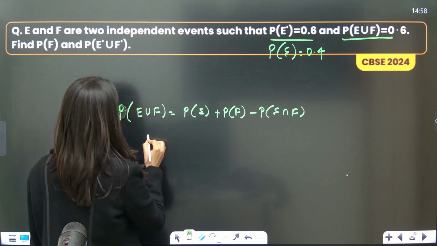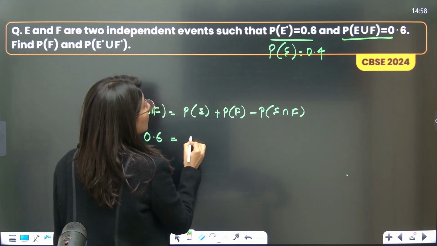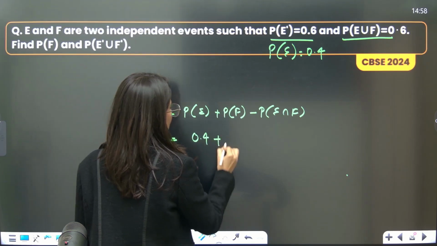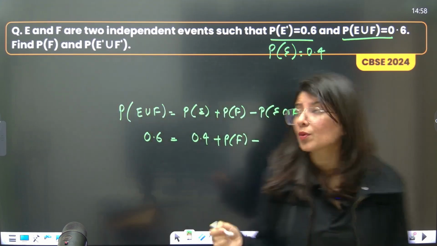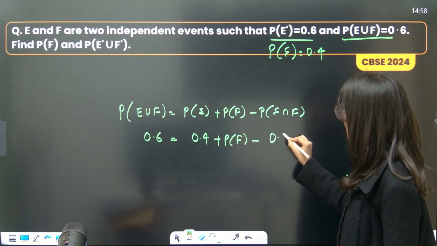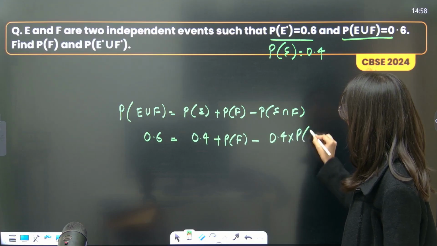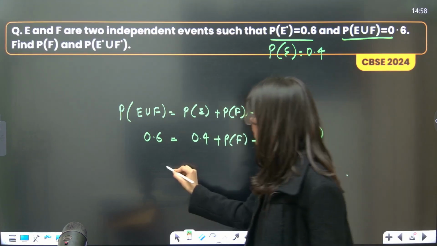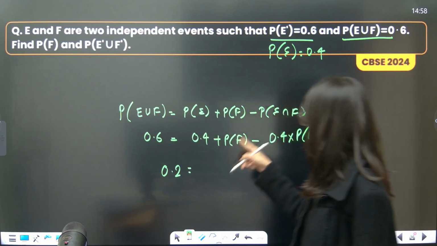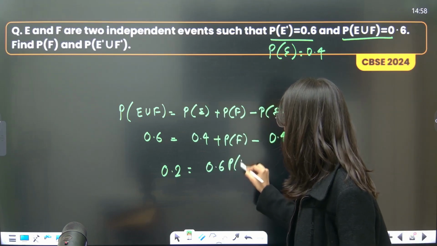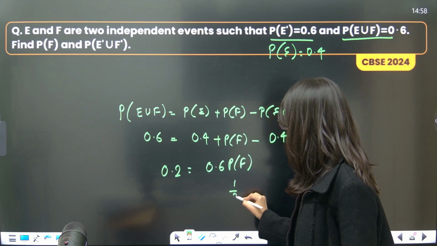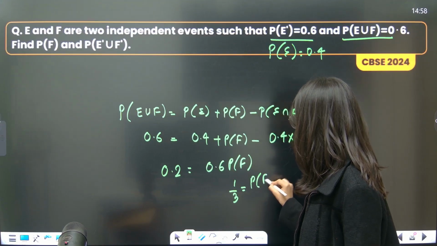Start plugging in values: 0.6 equals 0.4 plus probability of F minus 0.4 times probability of F. So this is 0.2, just the calculation, P(F) minus 0.4 P(F) is 0.6 P(F), and 1 by 3 is going to be the probability of F.